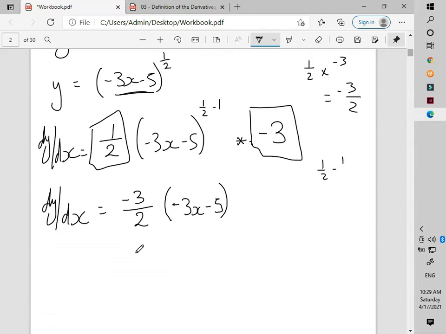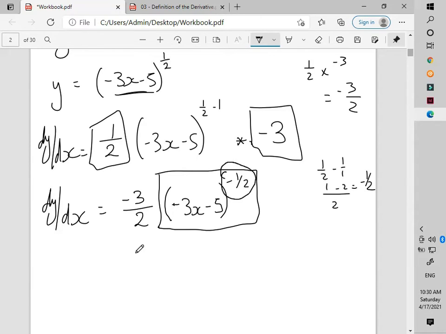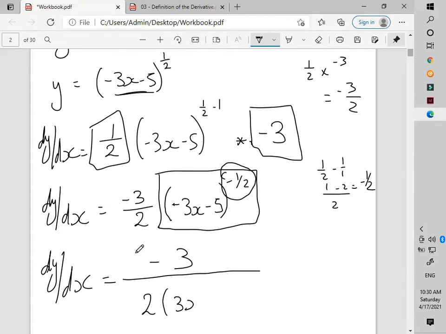A half take 1, working this out for you quickly, is a minus a half. So automatically this tells you that this entire component needs to go to the denominator in order to make the power positive. So dy upon dx is equal to minus 3 over 2, open bracket, minus 3x minus 5, raised to the half power.